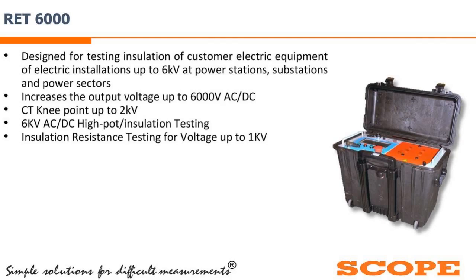The voltage increases up to 6 kV, AC as well as DC. With the help of the RAT 6000 we can do CT knee point up to 2 kV, high-potential and insulation resistance tests, and AC/DC insulation resistance test up to 1 kV.